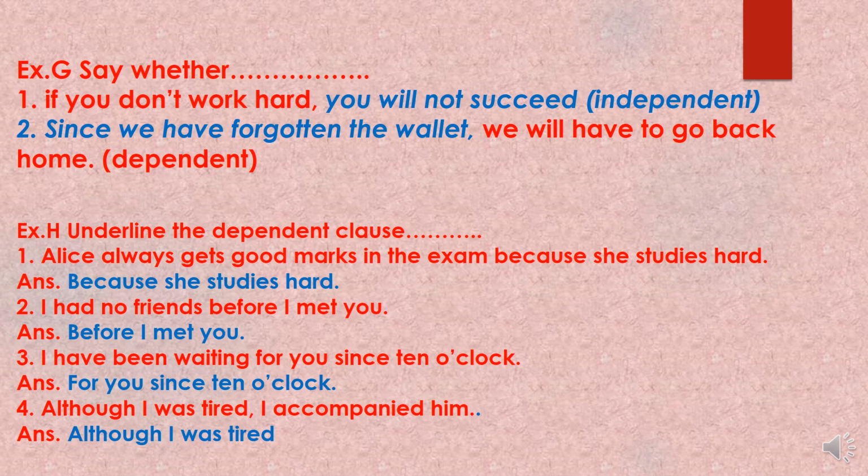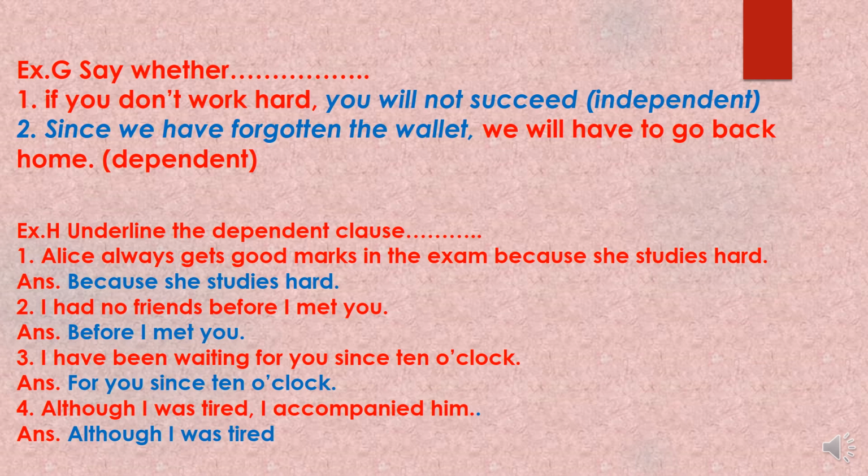See, first one: if you don't work hard, you will not succeed. The words in italics are "you will not succeed." Here we have the subject you and the verb will not succeed. So we have the subject and the verb, so it is the independent clause. Why?